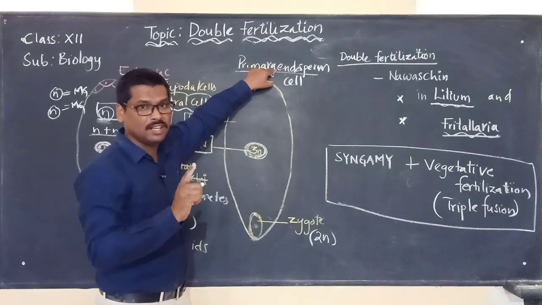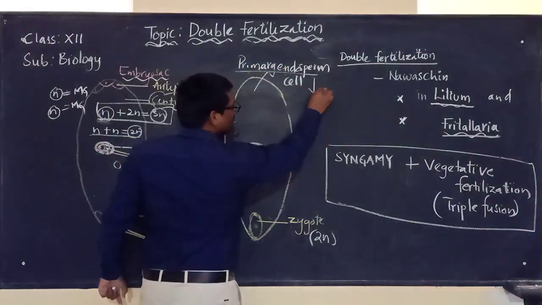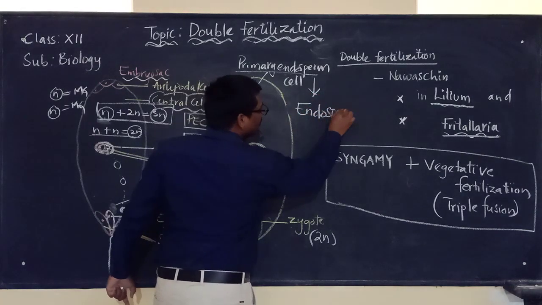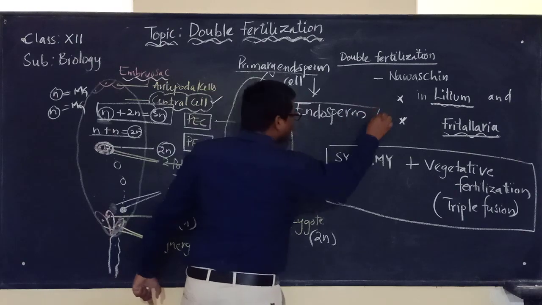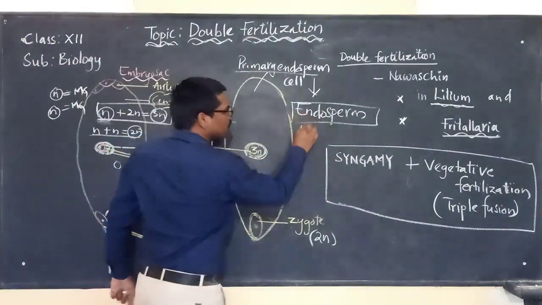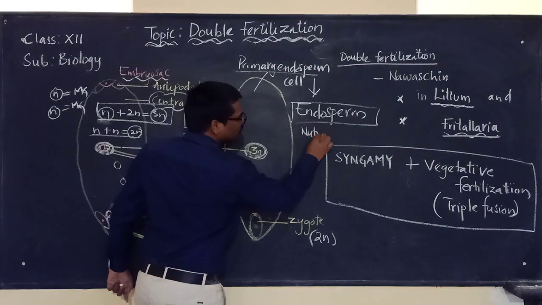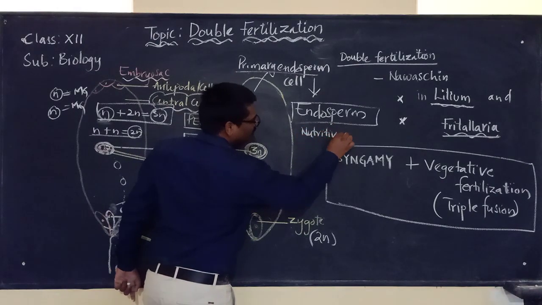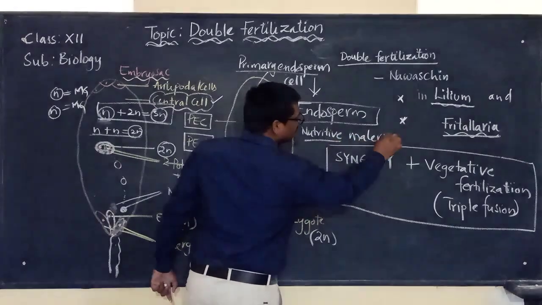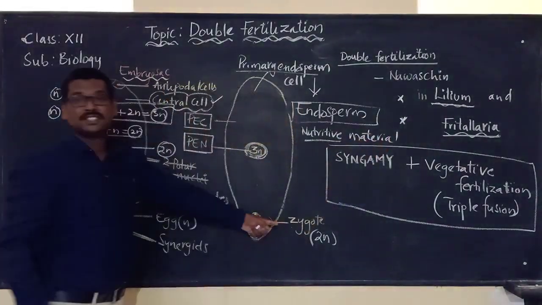This primary endosperm cell now develops completely into endosperm. So what is this endosperm? Very important: this endosperm will be used as nutritive material, as nutrition by the developing zygote.